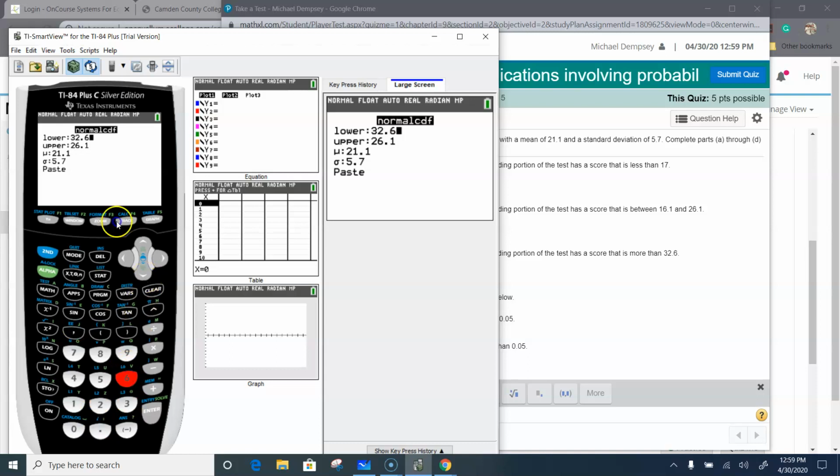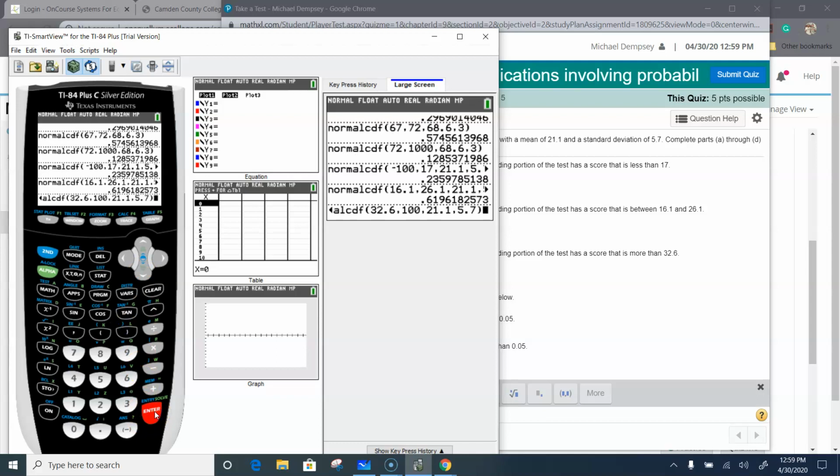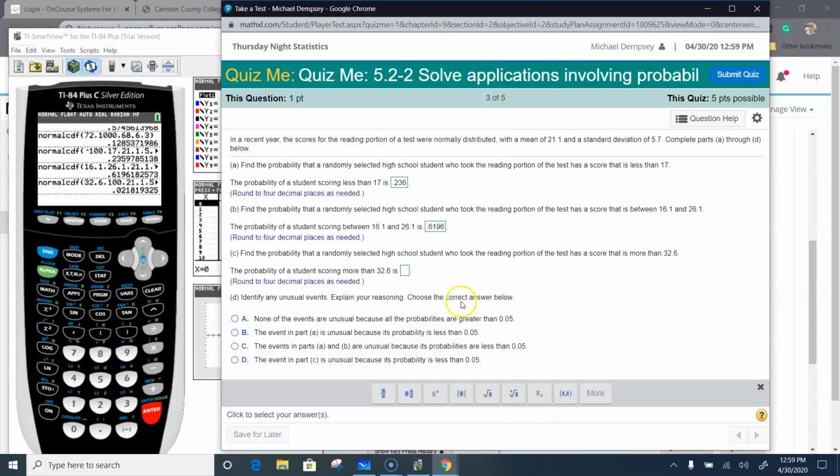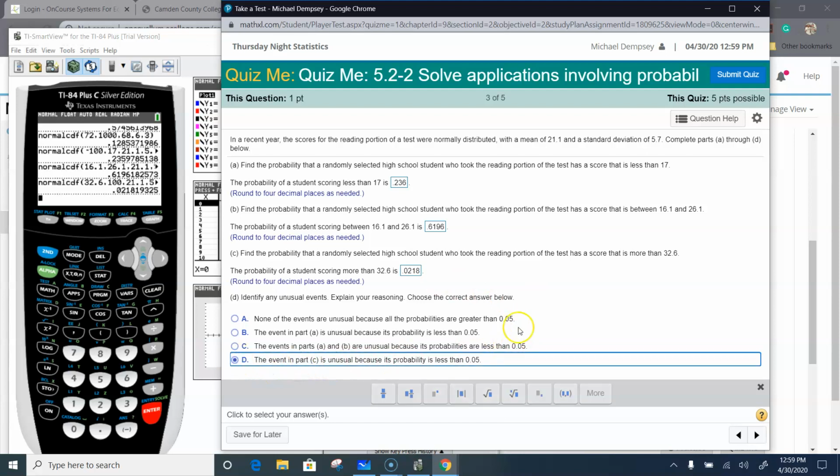And then for my upper limit, we just make it something really high, 100,000. 0.0218. So we did get an unusual event there, 0.0218. The event in part C is unusual because it happens less than 5% of the time. Nothing else is unusual there.